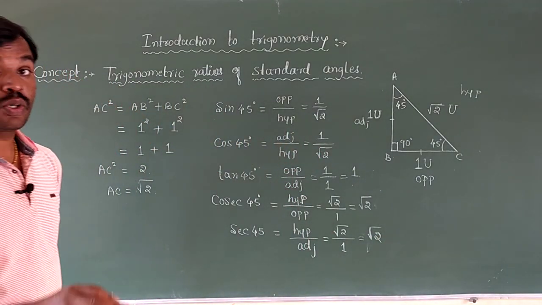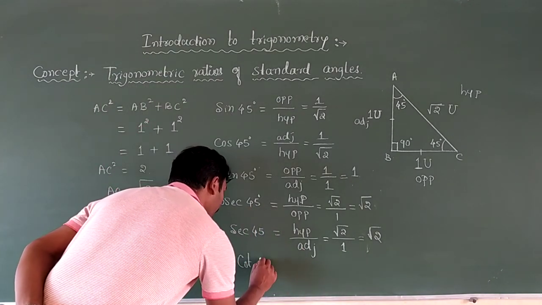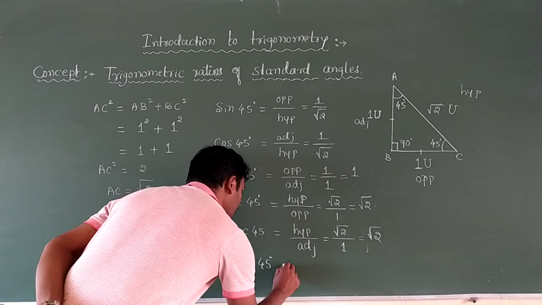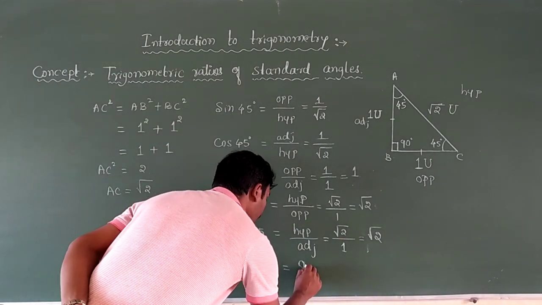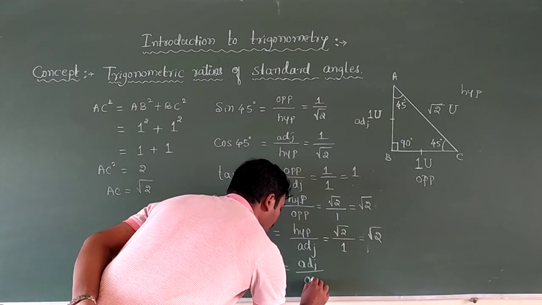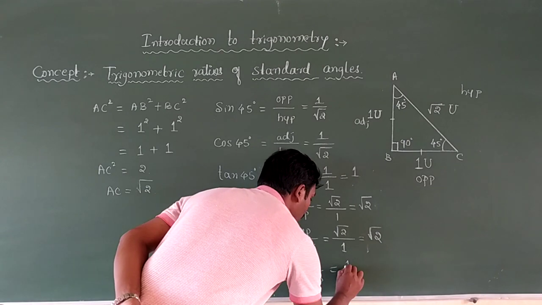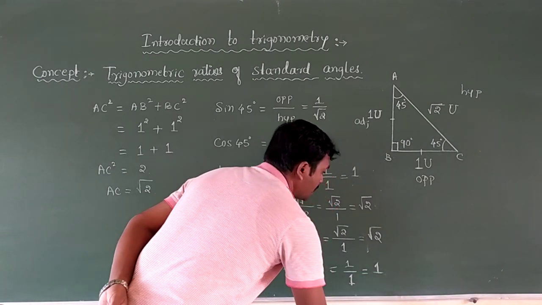Sec 45 is also root 2. Next, cot. Cot 45 degree is equal to adjacent by opposite. Adjacent divided by opposite is also 1 by 1. So, this is also equal to 1, children.